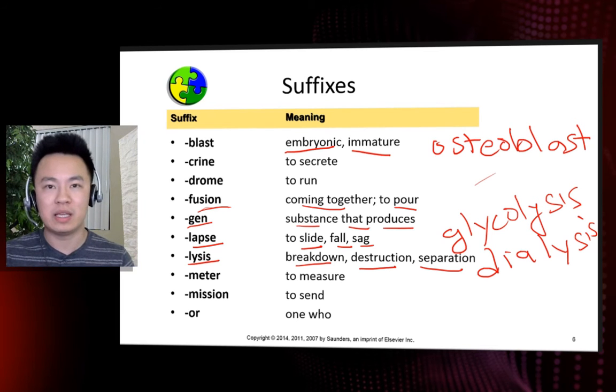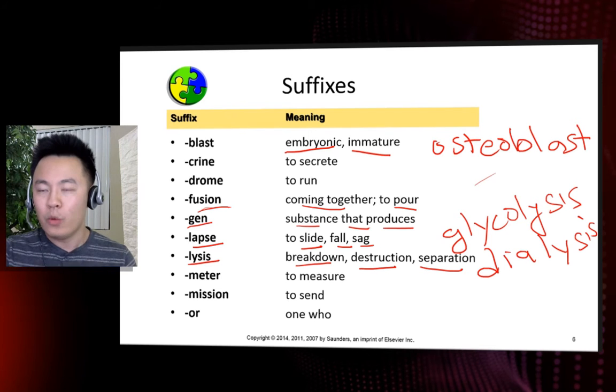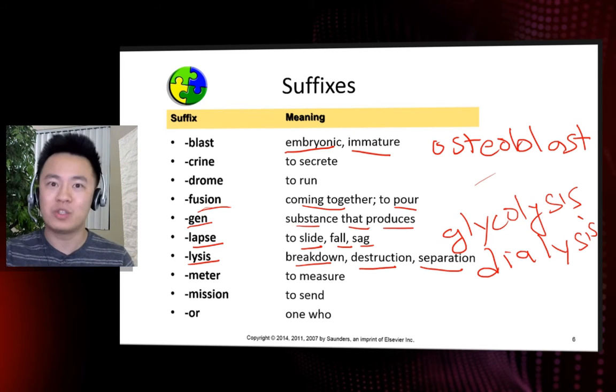Your kidneys are your natural organs that help in the process of dialysis. We have meter, which means to measure. No, not a parking meter, although I'm pretty sure there are a number of students out there that can't find parking on the first day of class and have to use one of those parking spots that contain a parking meter.